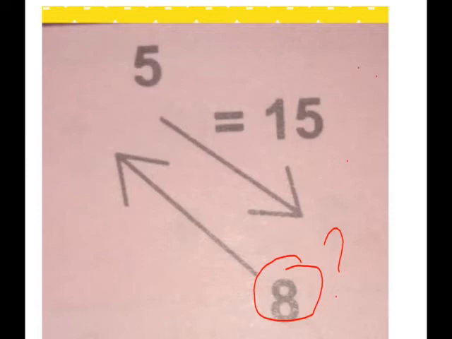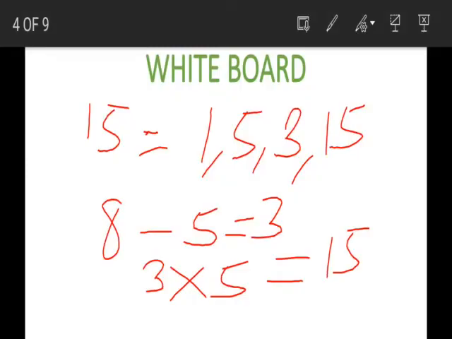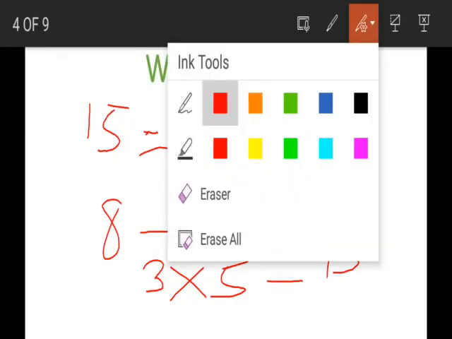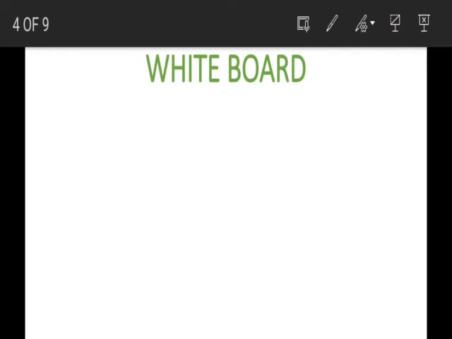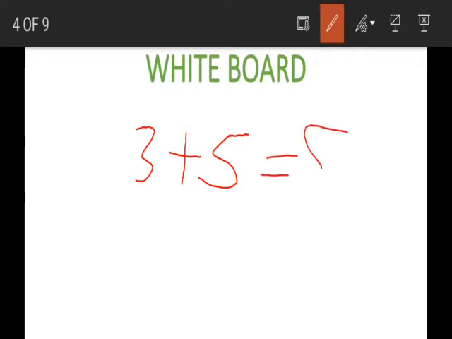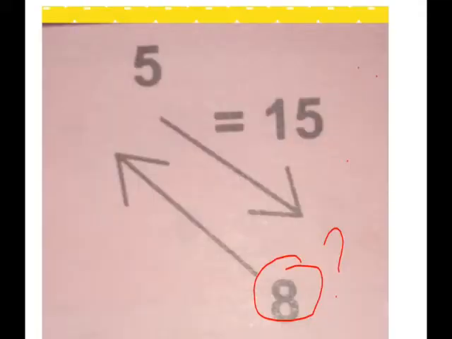The factors of 15 we are using are 3 and 5. So to get 8, we are simply adding 3 and 5, and that will give us 8. So that is how we can get this 8.